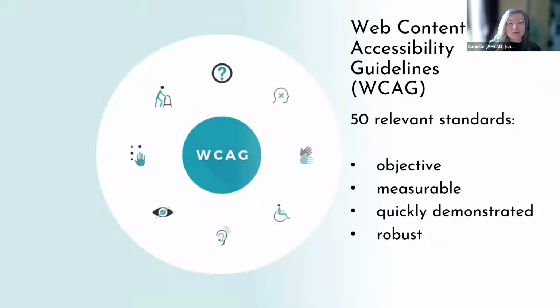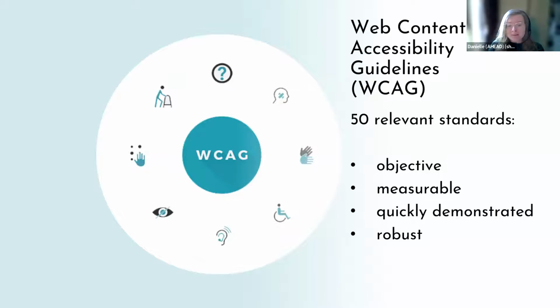But this is one thing that I need to just get out of the way, which is the WCAG. So it's Web Content Accessibility Guidelines, and you'll commonly find it referred to as WCAG. It forms the main book of web accessibility standards. They outline the concepts behind the standard, the reason why it's important, how to incorporate it, ideas and suggestions, and what counts or doesn't count as a successful implementation of those standards.